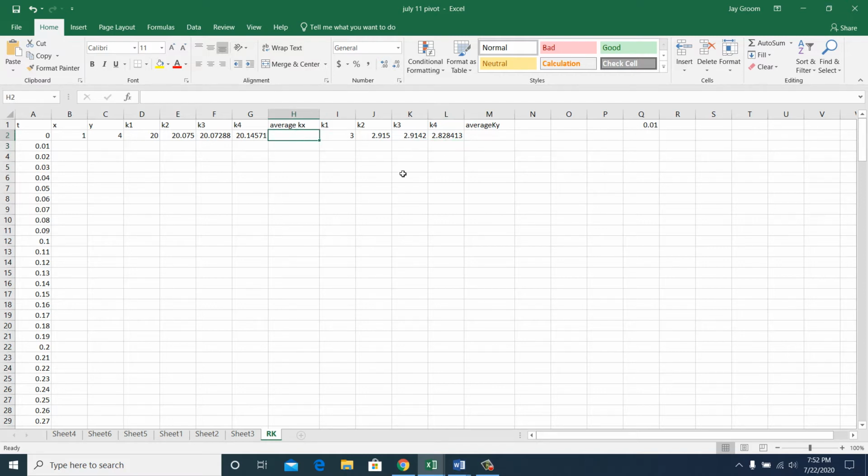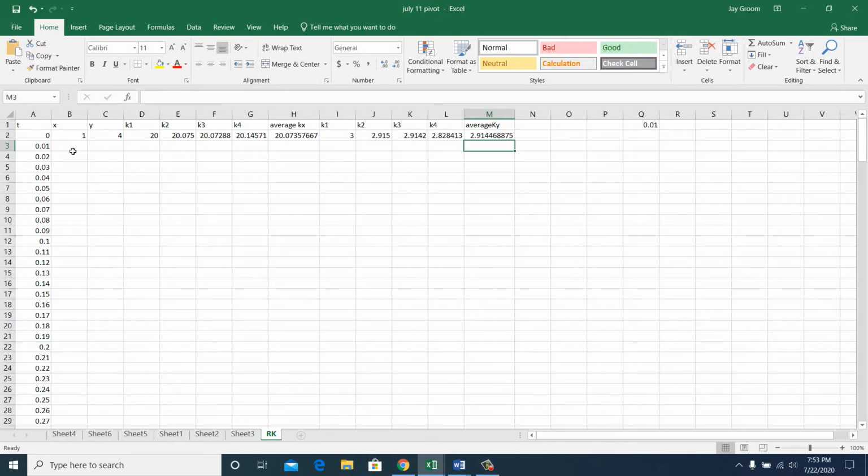So then here it's going to be equals parentheses this fella plus 2 times this dude plus 2 times this dude plus this dude, divided by 6. Cool. And then do the same thing here, equals parentheses this guy plus 2 times this fella plus 2 times this one plus this one, divide by 6.